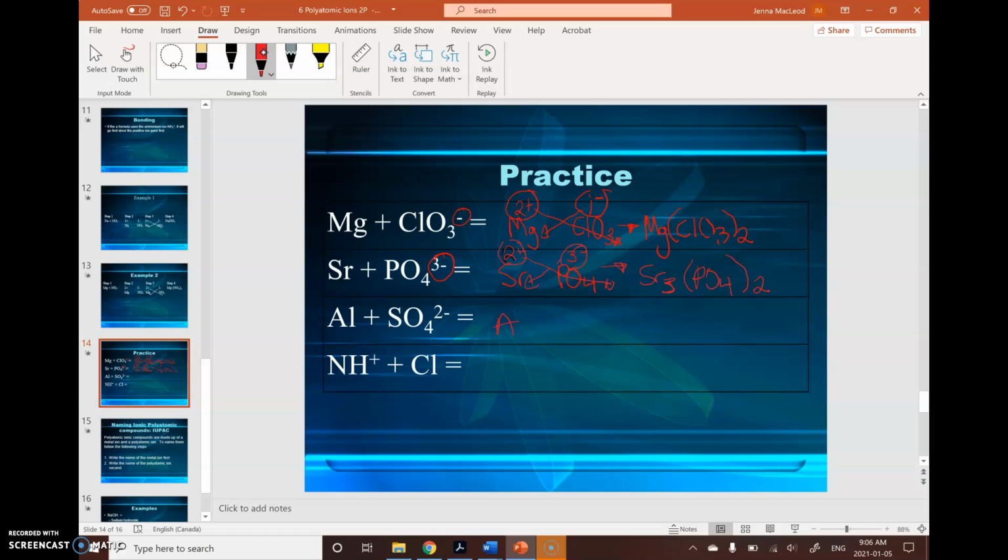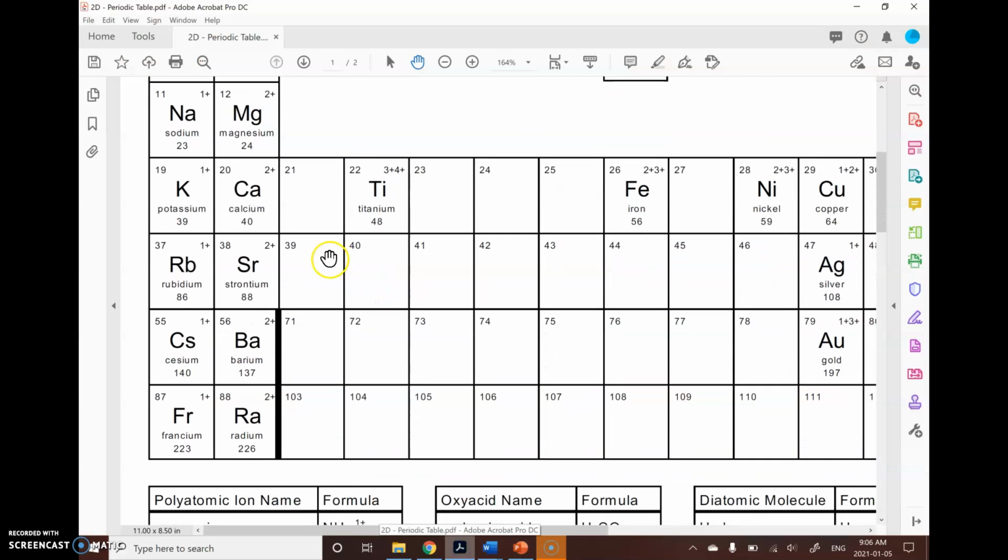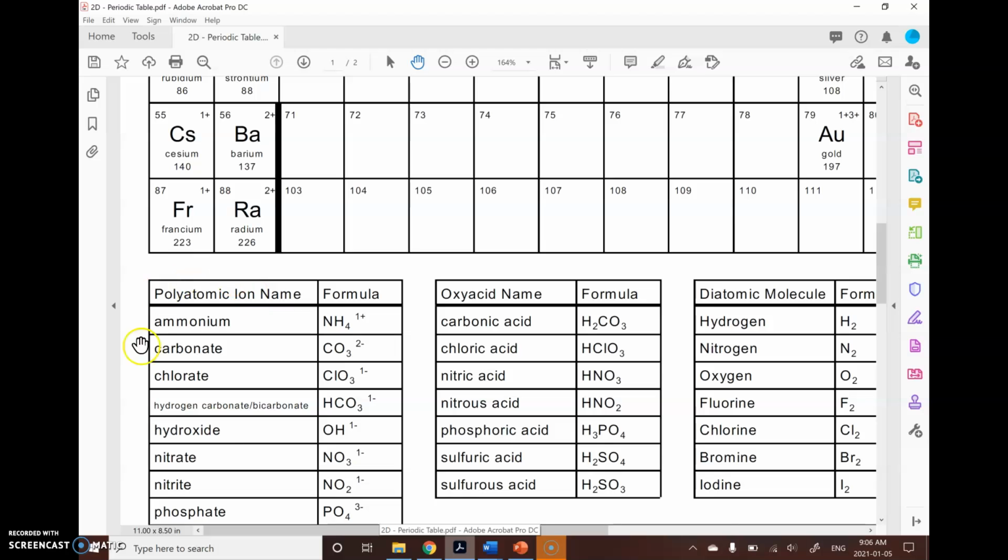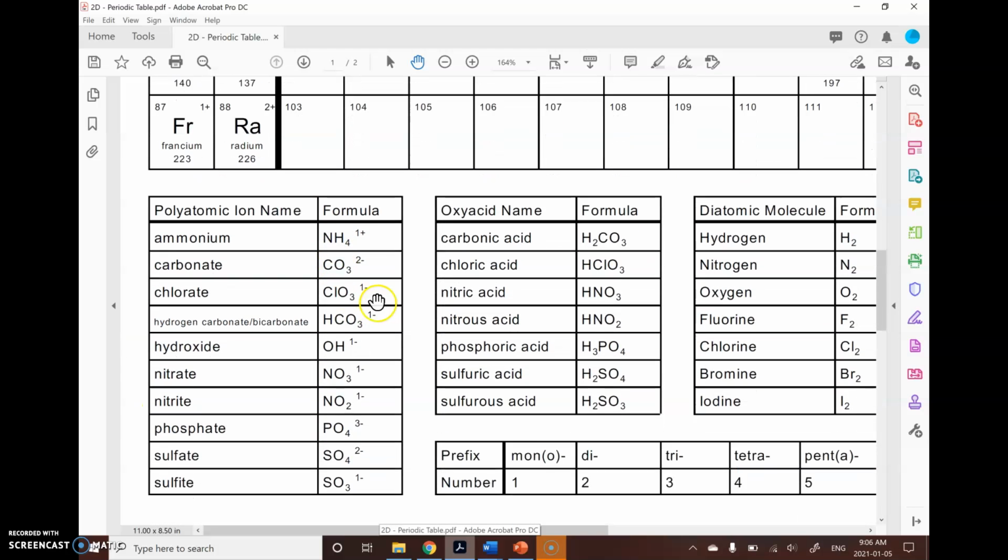Then we have aluminum, and that's a charge of 3 plus. You see that on the periodic table. The SO4 has a charge of 2 negative. If it's not provided to you, I can see it on my periodic table. So what you have to do is come down to here and look for SO4.